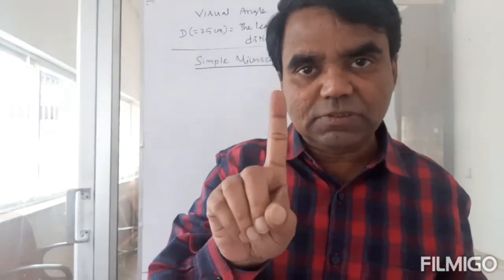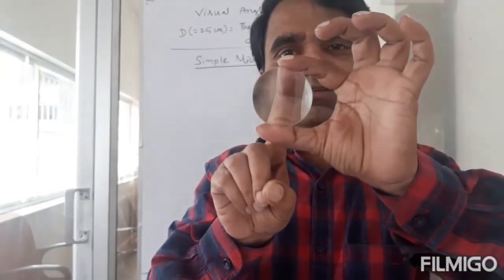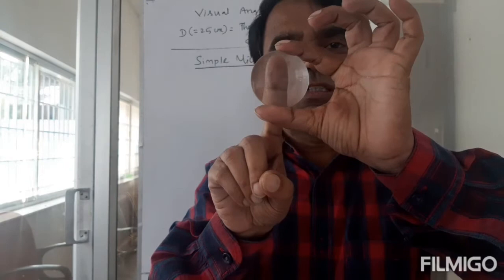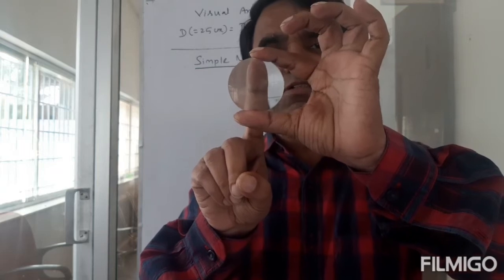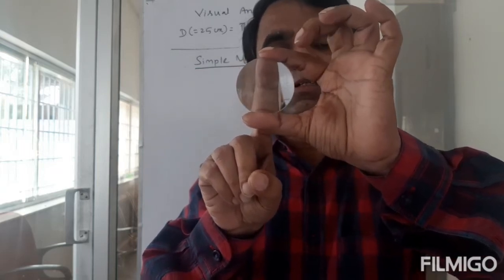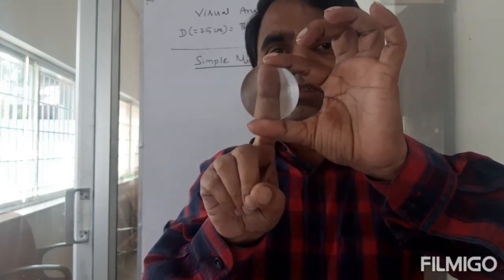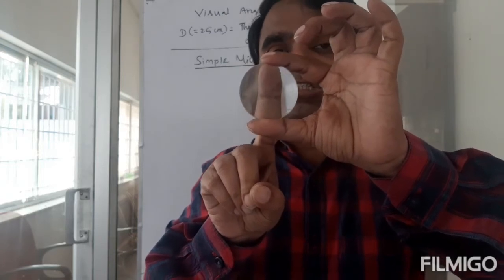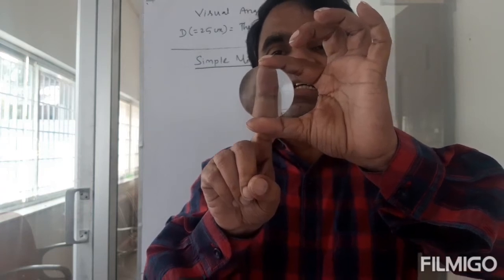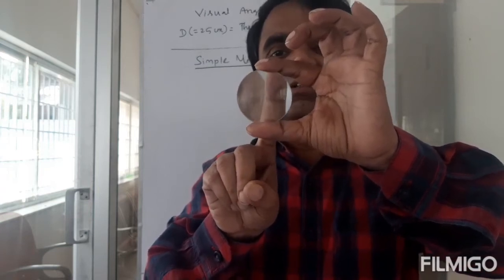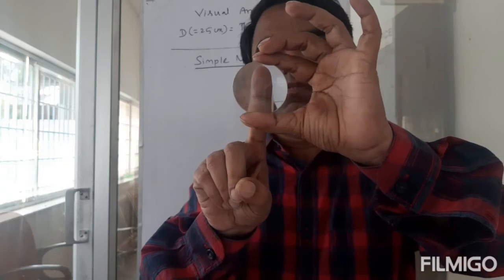This is my finger, which you can see. But now, if I keep a lens before this, you will be able to see a bigger image. So this image is virtual. You are not seeing my finger, but you are seeing the image of my finger. So it's virtual and erect. You can't capture this image on a screen. But this is actually a simple microscope.